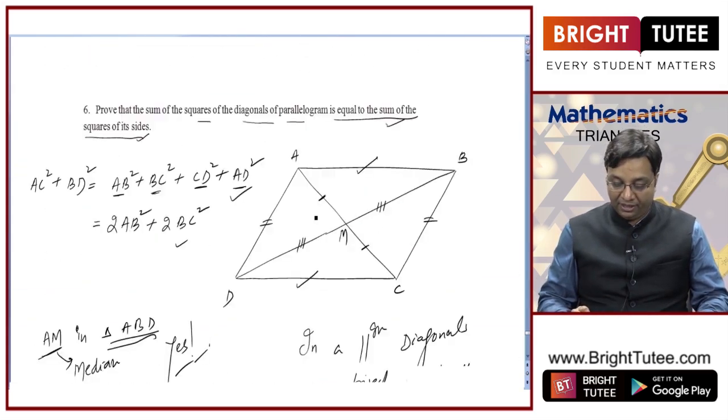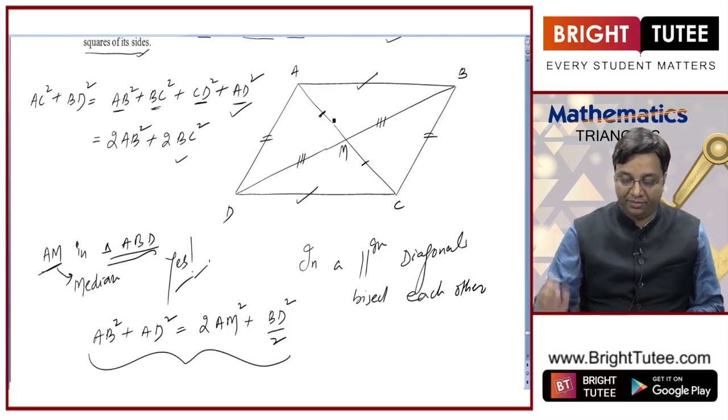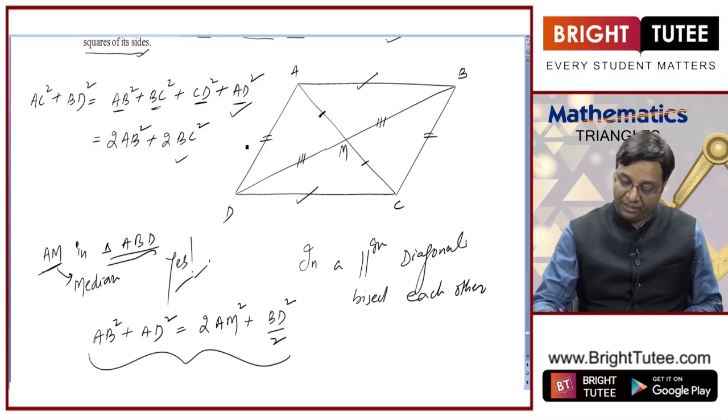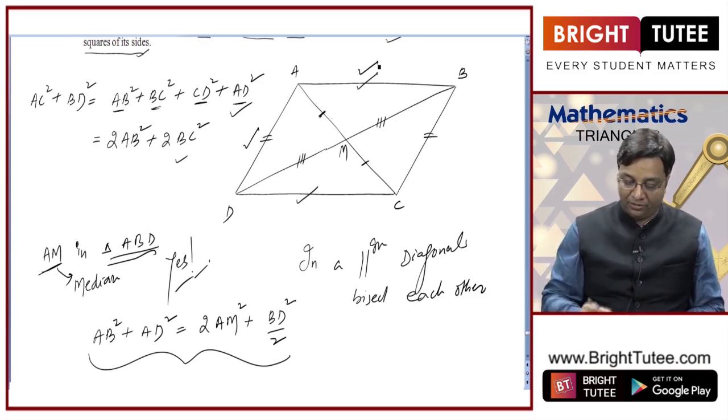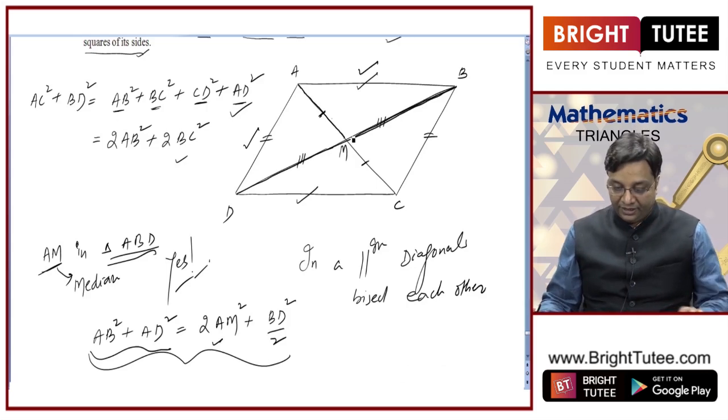So here AM is the median for this triangle ABD. So if I do AD square plus AB square, it will be equal to twice of the median square, that is AM square, plus half of BD square. I hope you have understood this.